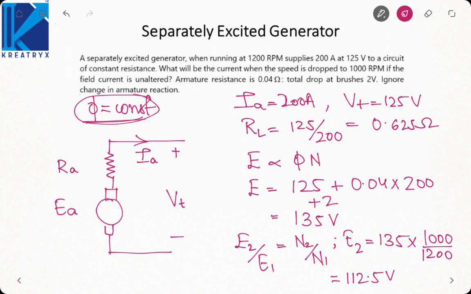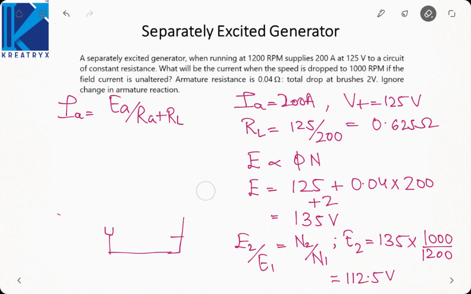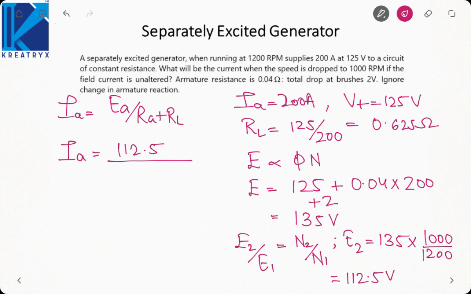Now I know that EMF is there and the load has a constant resistance RL. So what will be the current? Simply by KVL I can say IA will be EA by RA plus RL. So IA is equal to 112.5 by RA plus RL.